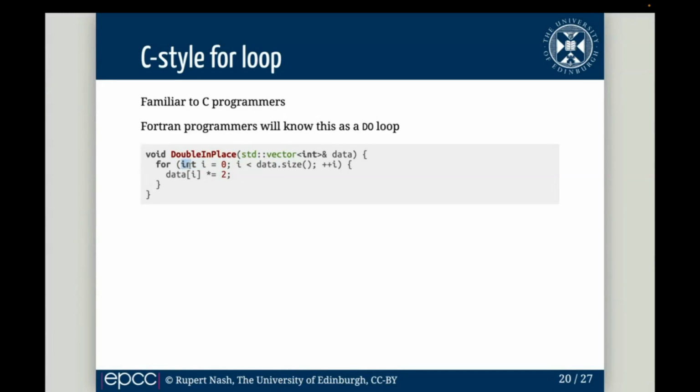So declaration, which is optional, and initialization in the first part. Then semicolon comes the condition, which is what you find typically in the while loop. Semicolon, and then you have the incrementation. So that at the end of every iteration, the variable you use is updated. Okay?